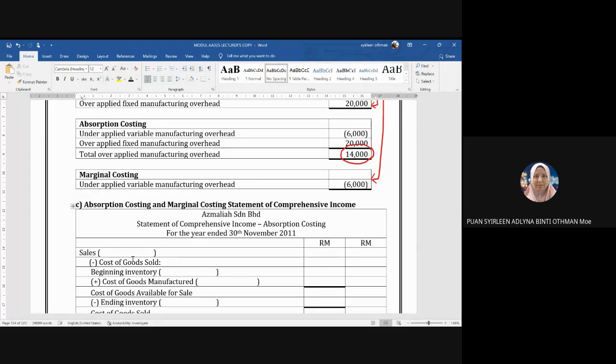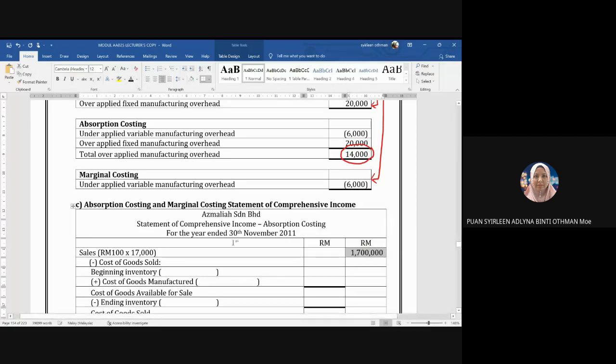Sales unit 17,000. Selling price per unit 100. So your sales here will be RM100 darab 17,000 unit. So sales is 1,700,000. Kita akan minus dengan cost of goods sold.